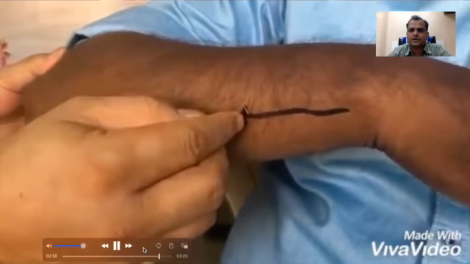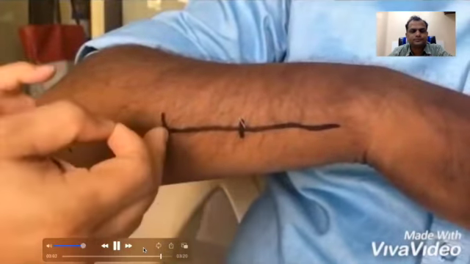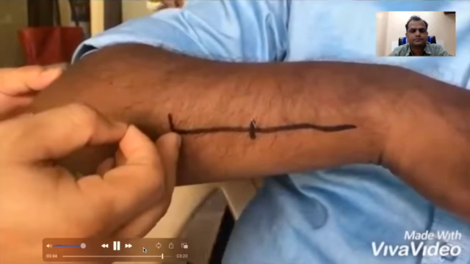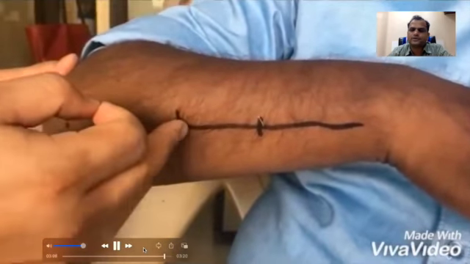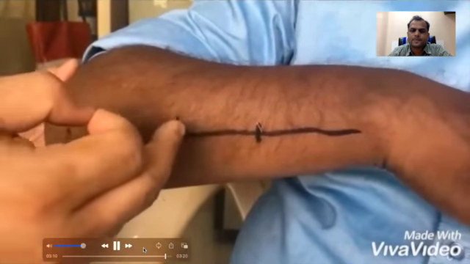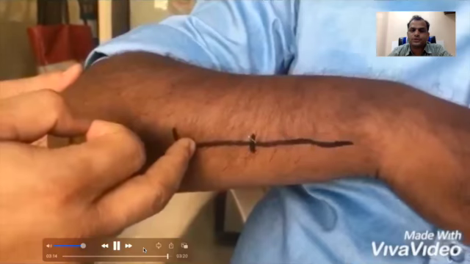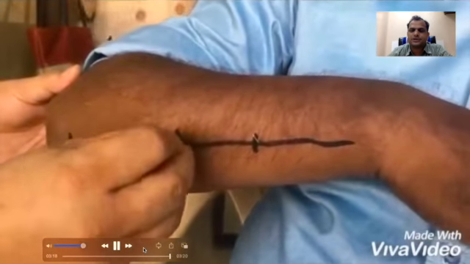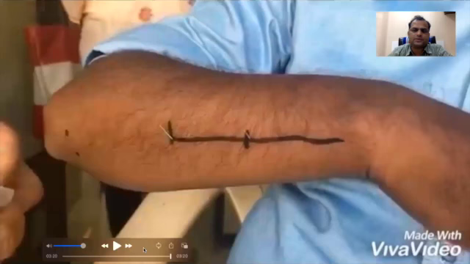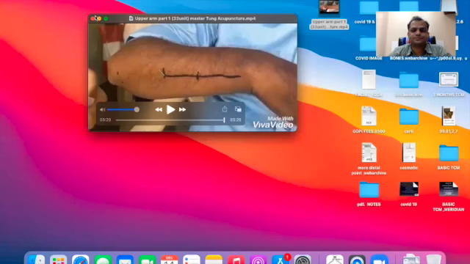Then the next needle I will put on the liver gate. So in this way, we are covering all the 3 points. These 2-point units are very effective for gas, bloating, and multiple disorders connected with the intestine. Let's see another image.